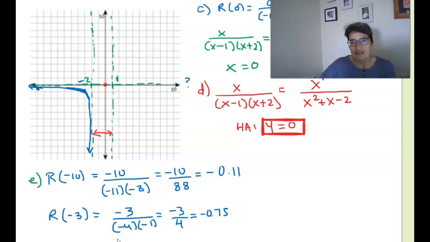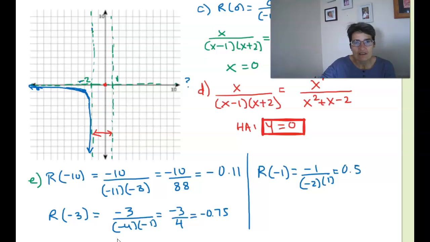Let's plug in x = -1. We get -1 over (-2)(1). This is positive 1/2, so we get a point here. And let's pick 0.5.